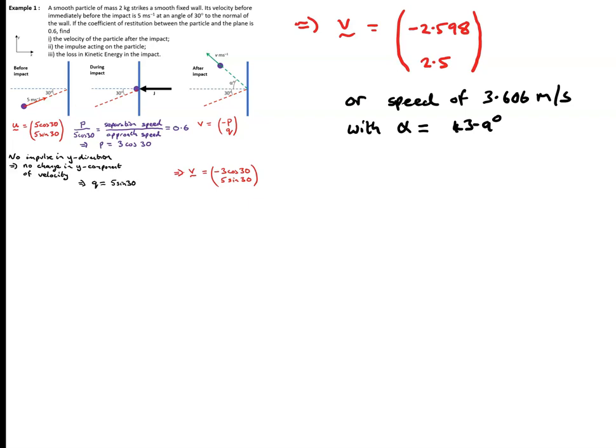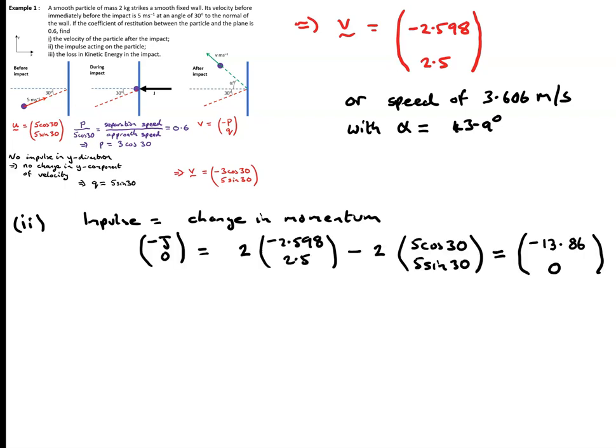The impulse acting on the particle, well, if we apply impulse equals change in momentum, then the impulse acting on the particle as a vector, minus J naught during the impact, must equal the final momentum minus the initial momentum.